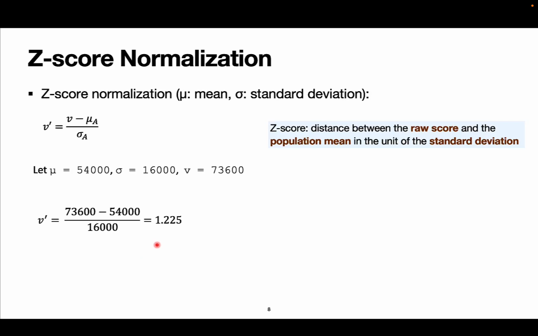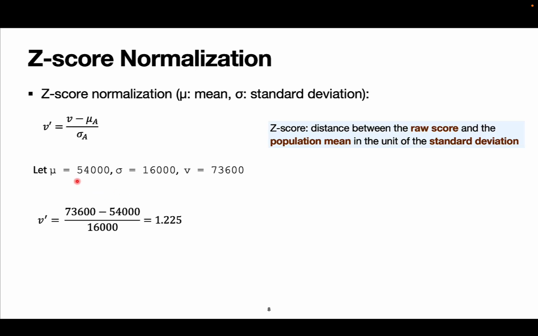In z-score normalization, we subtract the population's mean from the value and divide over the population's standard deviation. The z-score means the distance between the value and the population mean in terms of standard deviation units. So we can say that the value is within 1 or 2 standard deviations.